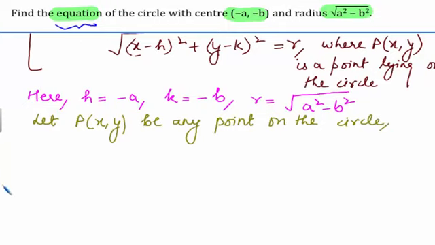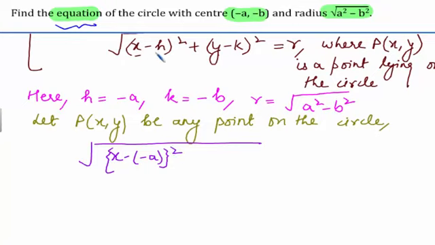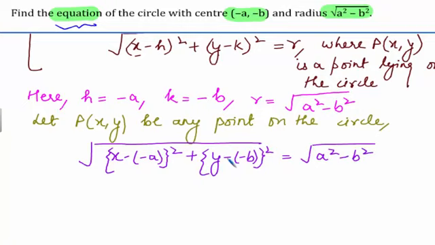Now the equation of the circle we know is square root of x minus of minus a whole square, since we have x minus h whole square and h is minus a, plus y minus of minus b whole square is equal to r, which is square root of a square minus b square.